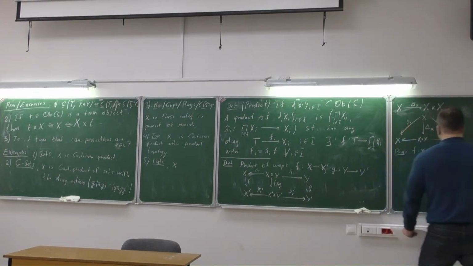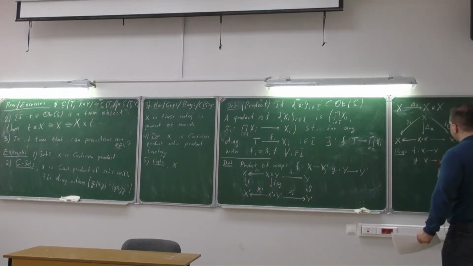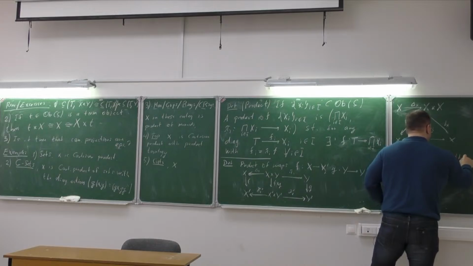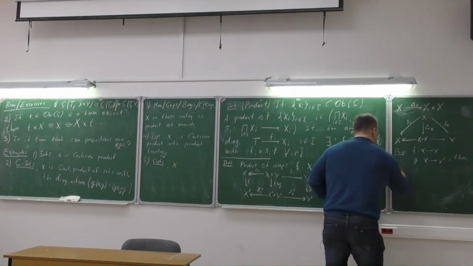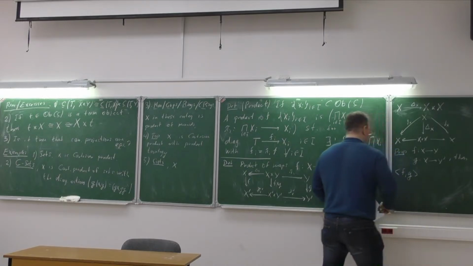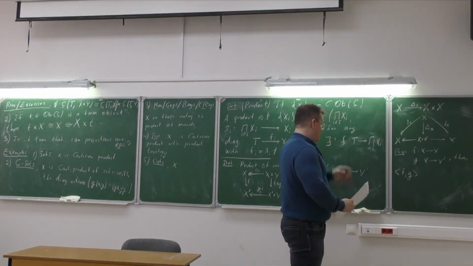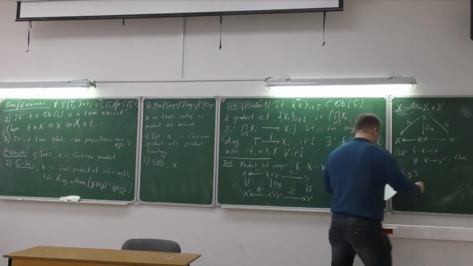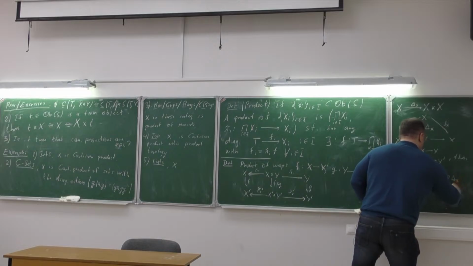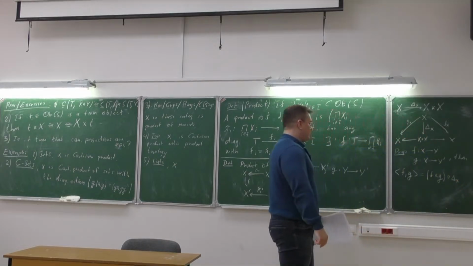Then there is a relation: if you take F and G in angle brackets, this is the same thing as the product of F and G, and then you take the composition with the diagonal map.